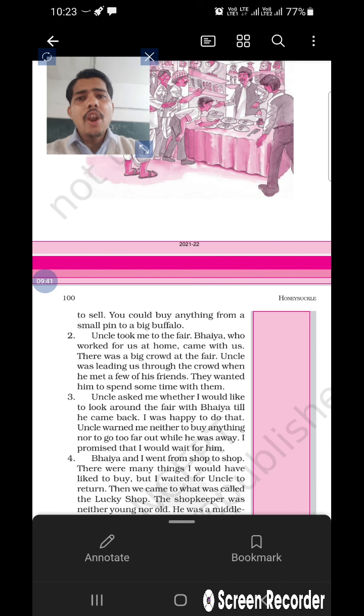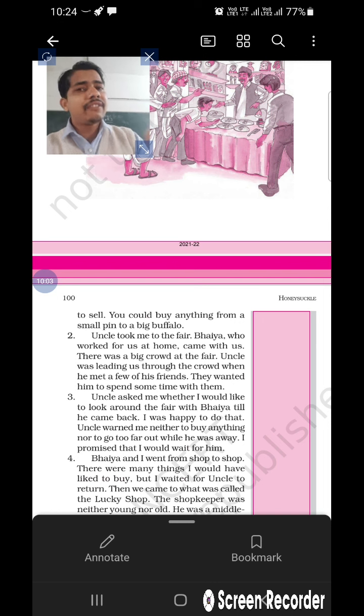The whole year, the men, women or children were waiting only for those fairs to be organized so that they could purchase whatever things were needed in their household activity from that fair. And in those days, those things were only available to them in the fairs.